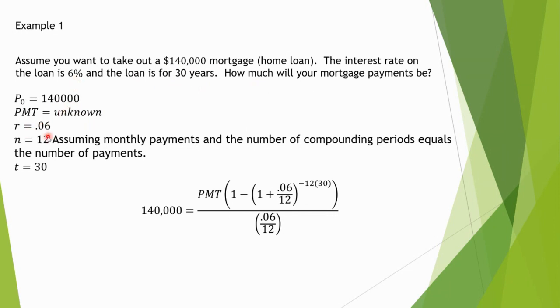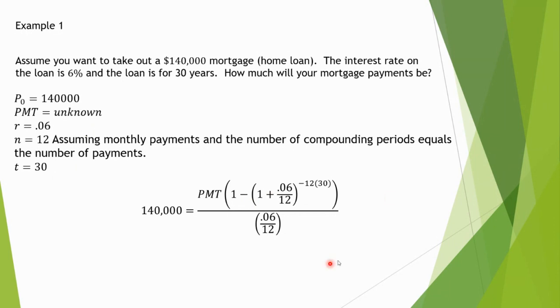R is the interest as a decimal. Then our N, remember, we're doing monthly payments here, so N is 12. And N is also how many times it's compounded a year, and T is 30.